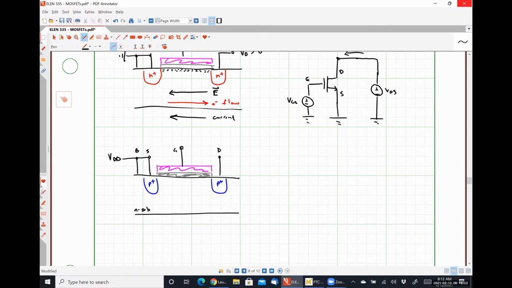So in order to establish the inversion condition, the gate voltage just needs to be less than the source voltage by the threshold voltage, okay? So it's operating the exact same way, except that we see that VSG needs to be greater than VTHP to cause inversion, or strong inversion.